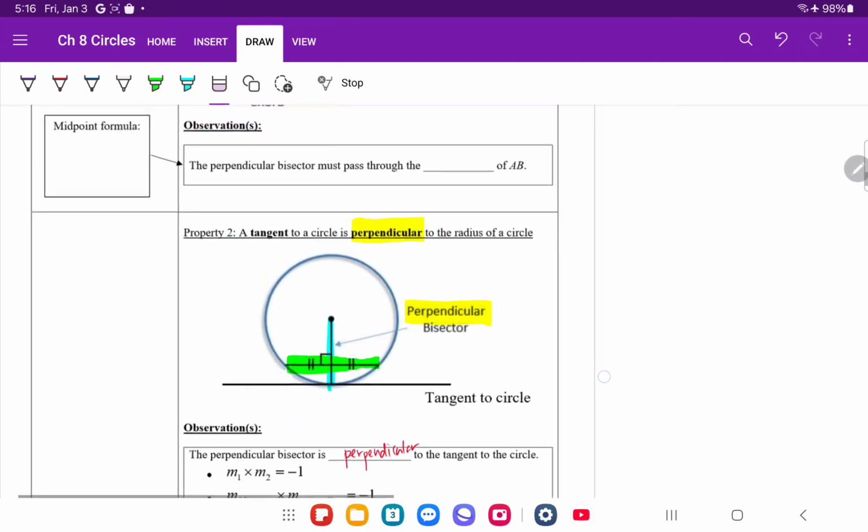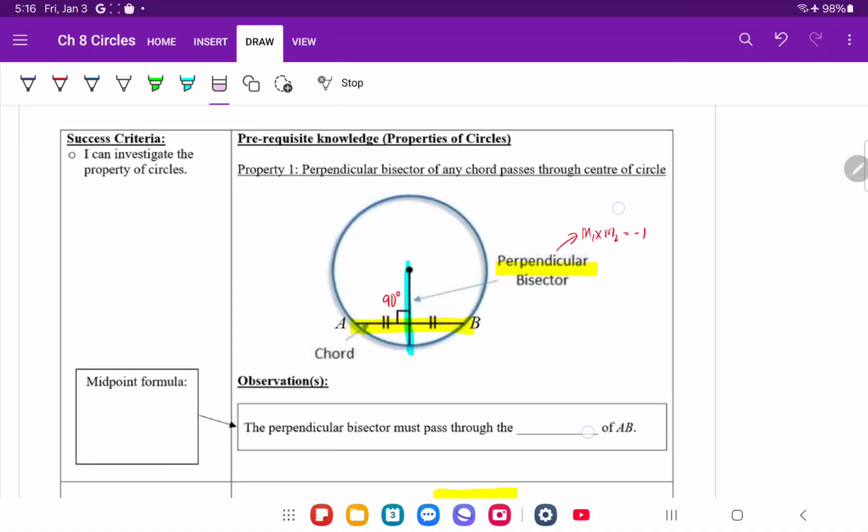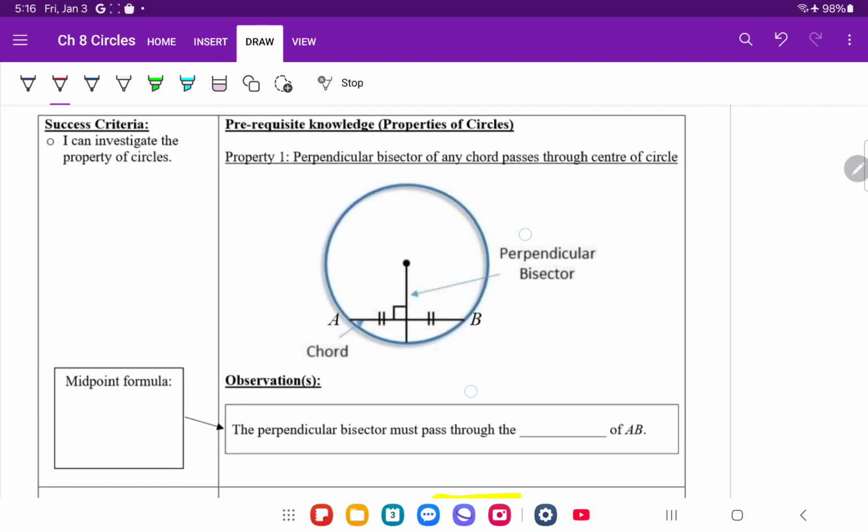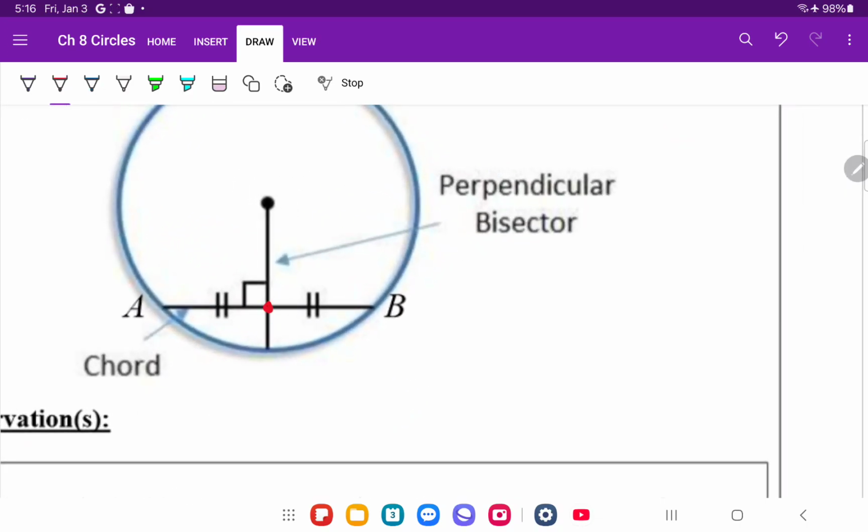Finally, there is one other eMath concept that you need to recall, other than knowing that they are perpendicular. Just now I mentioned that the perpendicular bisector cuts AB into two exact halves. Exactly half. Now, what does that tell us about this particular point here? What is it known as?